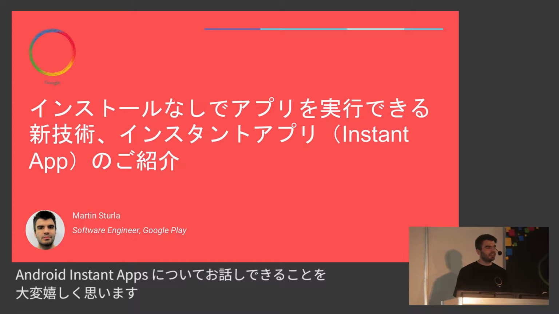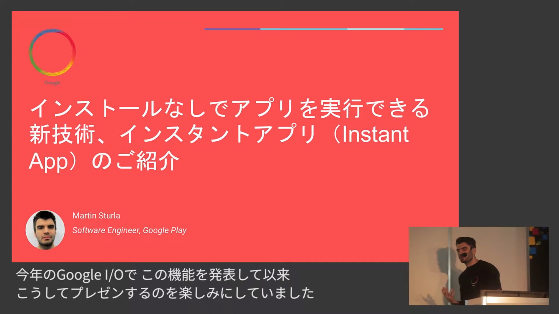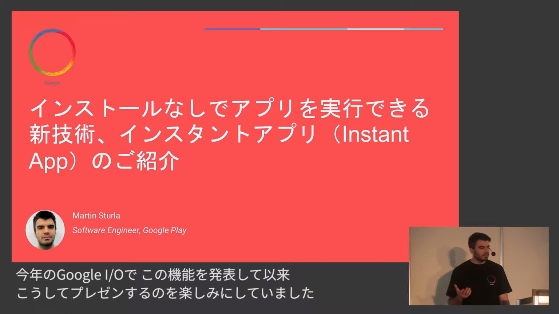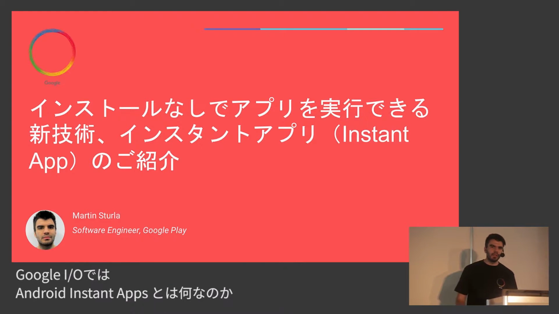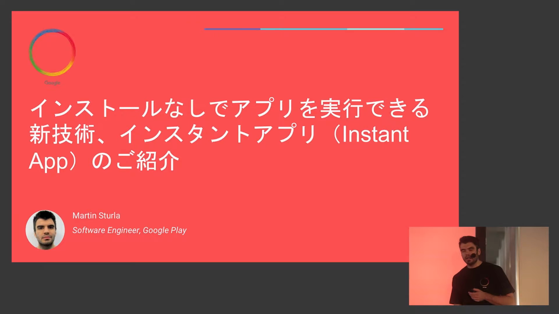And I'm very excited to be here today and talk a little bit about Android instant apps and what they're all about. I'm very excited to give this talk ever since we announced this feature back at Google I/O earlier this year. Back then, we showed a sneak preview of what instant apps are all about.